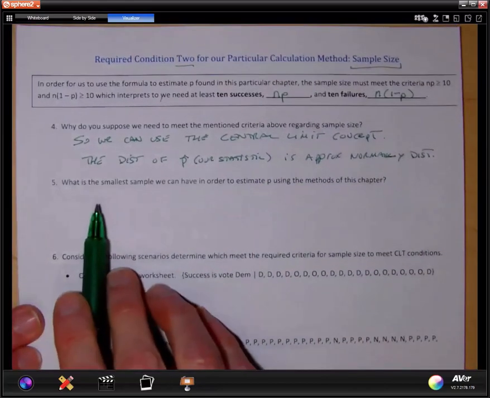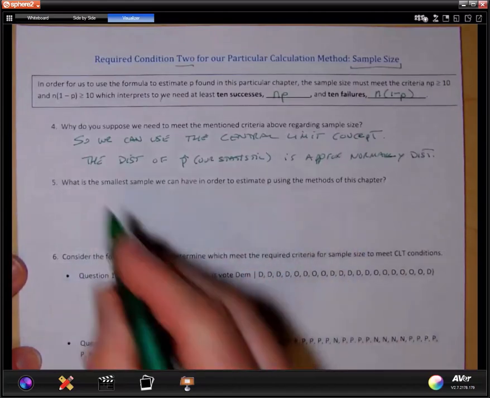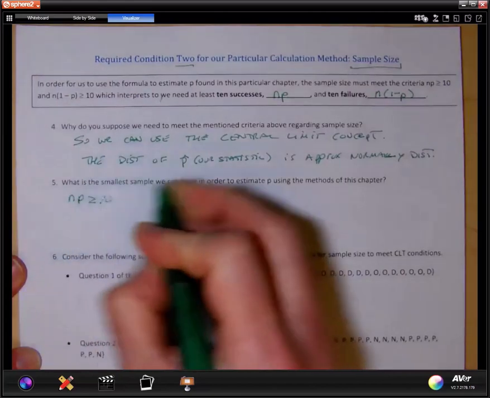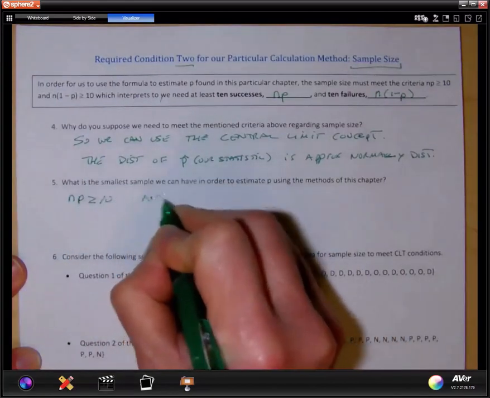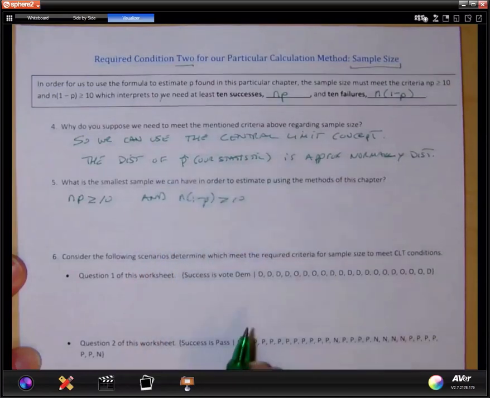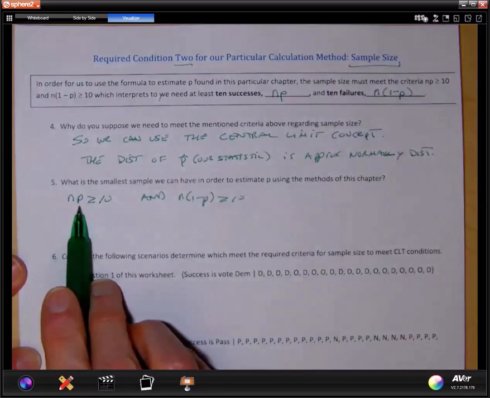Now, what is the smallest sample we can have in order to estimate P using the methods of this chapter? So let's look at this for a second. I need this to be greater than or equal to 10, and this to be greater than or equal to 10. All right. Well, n times p is the number of successes.